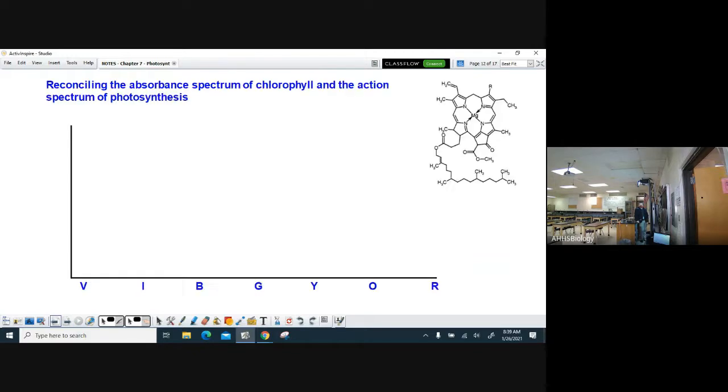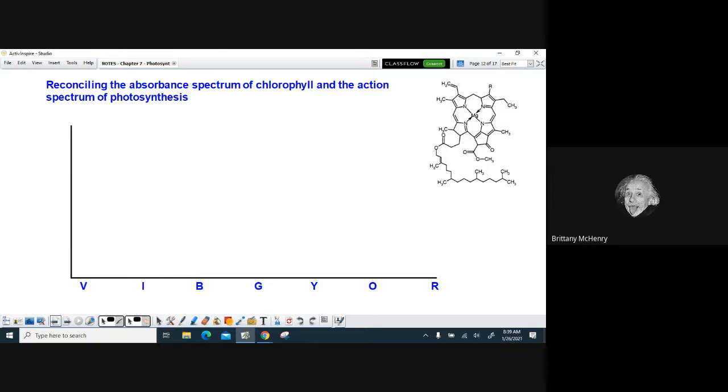Okay, you have to recognize this graph. No matter what, this is one of those things that I think tends to show up on tests. At the bottom, do you guys know what those represent? Any ideas? Red, orange, yellow, green, blue.